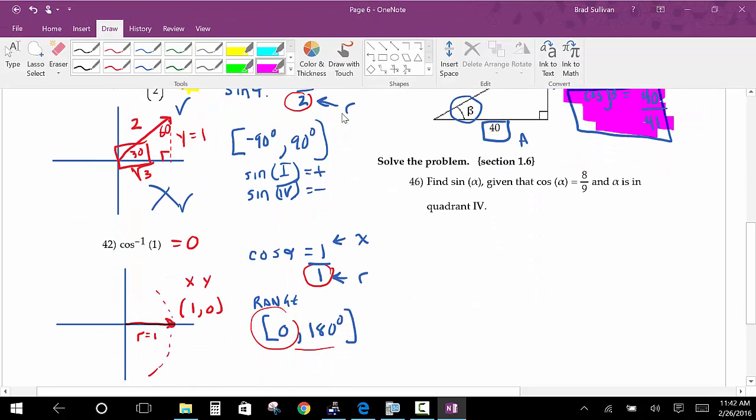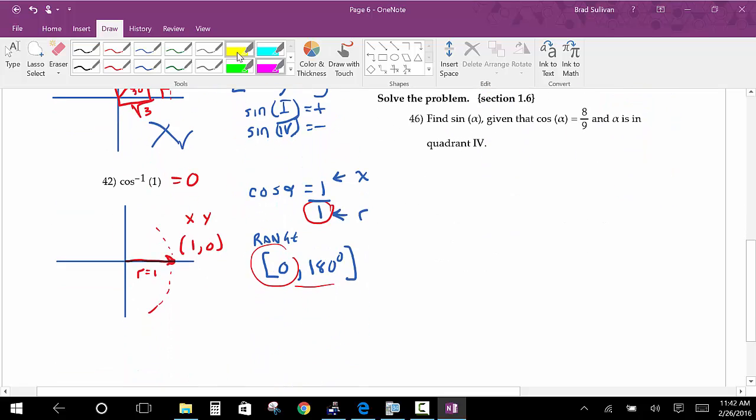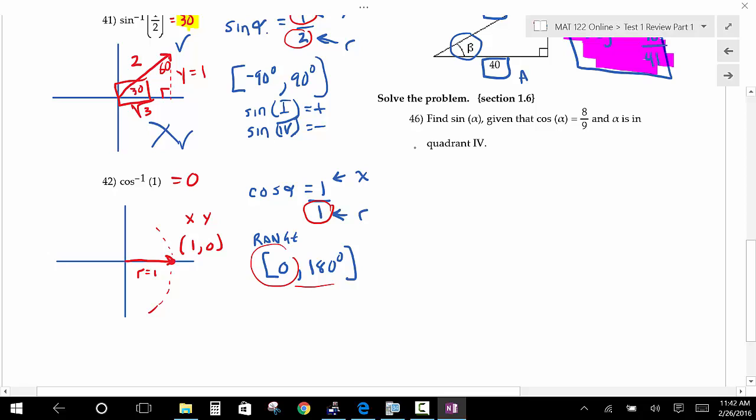Well, let's see. A couple other ideas from 1.6 that I want to finish up here. This particular problem, our job is ultimately to find the sine of alpha. So that's what we're going to do. That means we need to figure out what y over r is, because that's the definition. Now they gave you two clues.